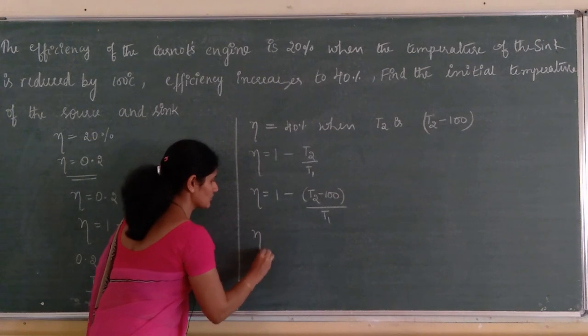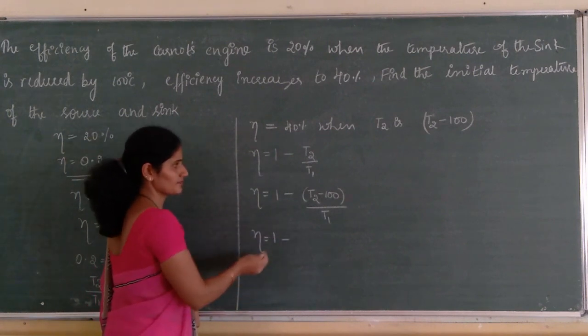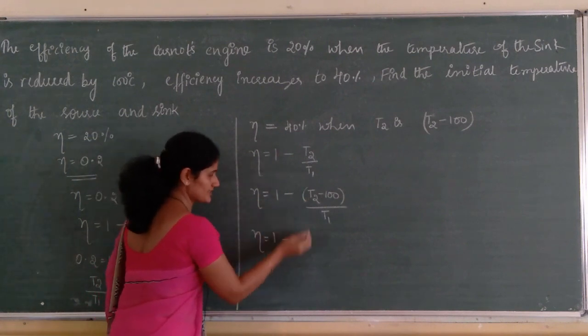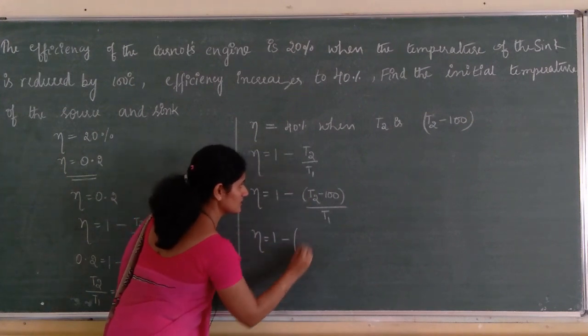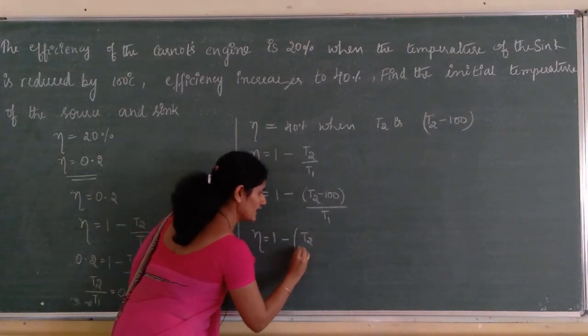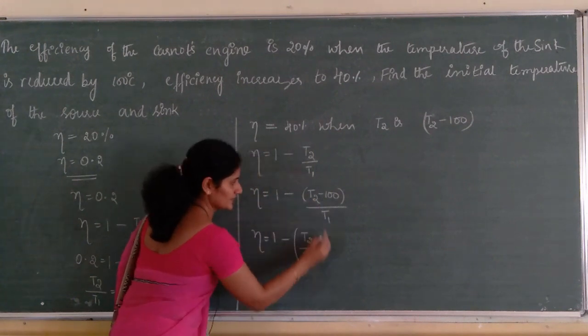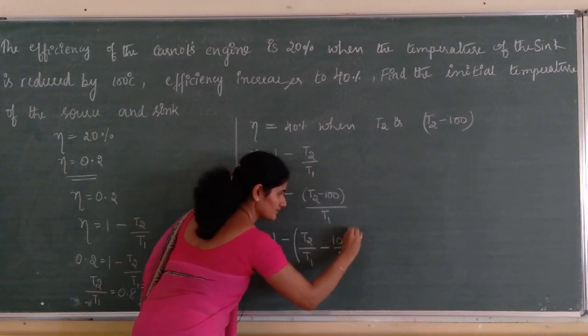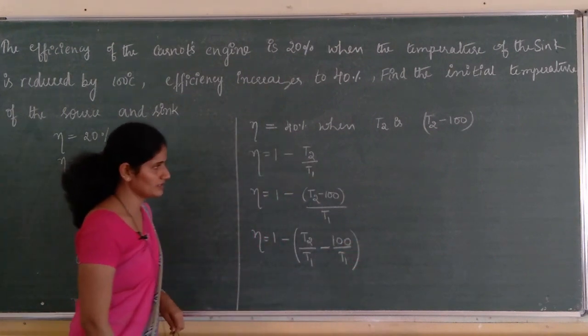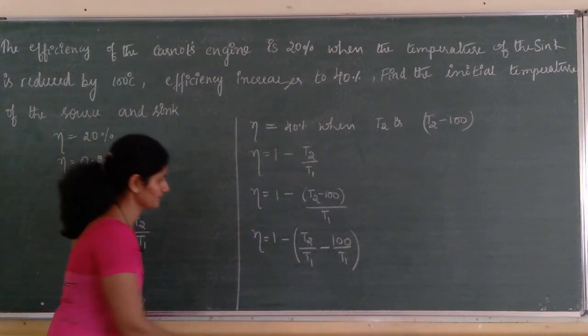So eta is equal to 1 minus, look at this equation, T2 by T1 minus 100 by T1, right? T2 by T1 minus 100 by T1.